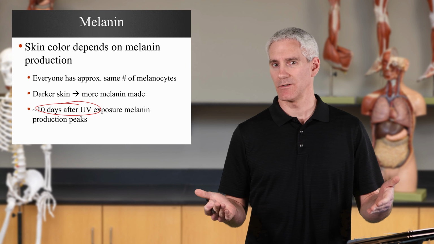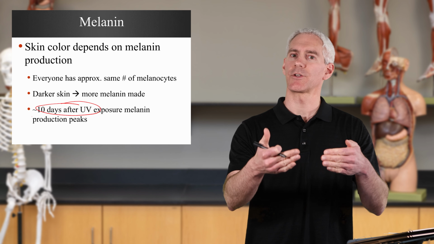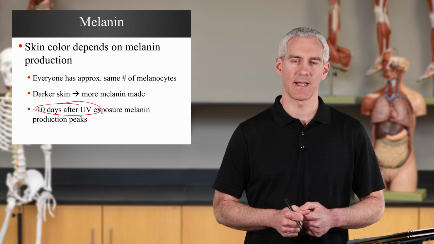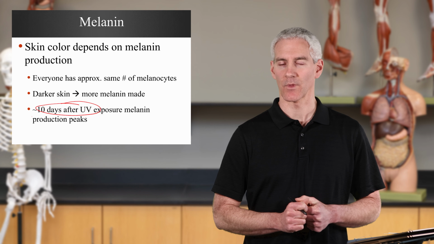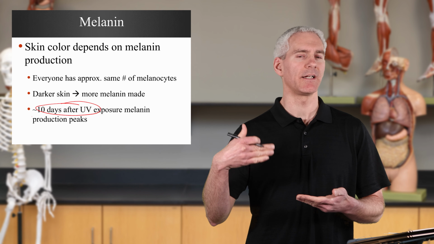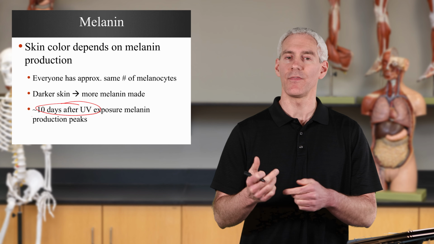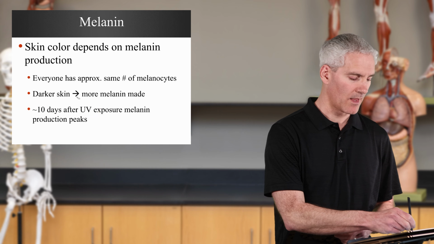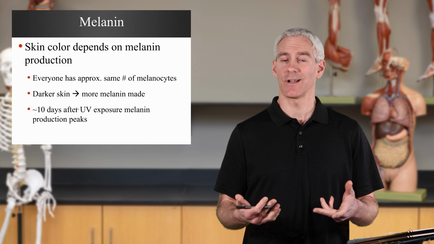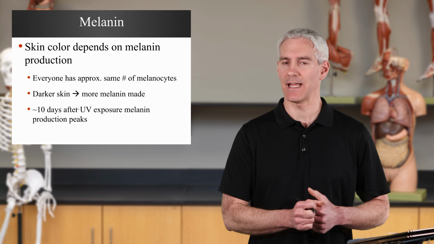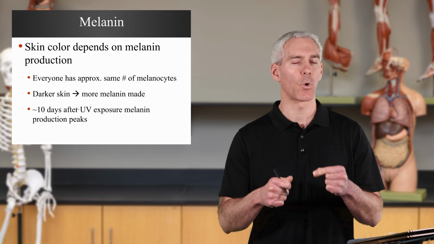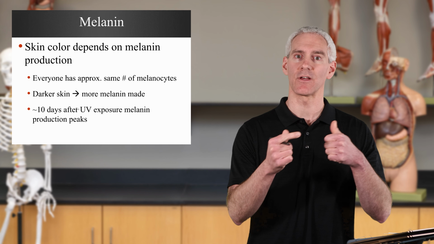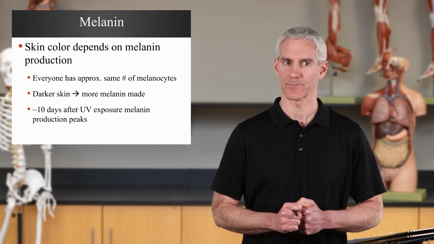Beyond that 10-day window, give or take, the melanin production goes back to what your standard genetic level is. But if you keep elevated UV exposure, then you'll keep elevated levels of melanin production. Pretty much it's your body's way of trying to say, you know what, you have UV damage here. We're going to make more melanin to try to prevent future UV damage.